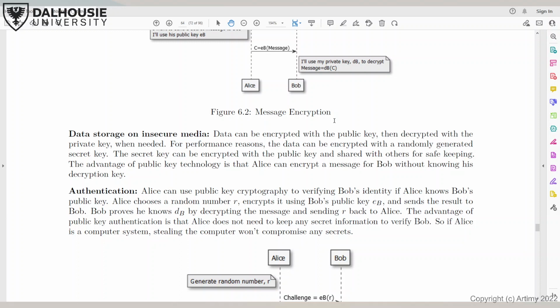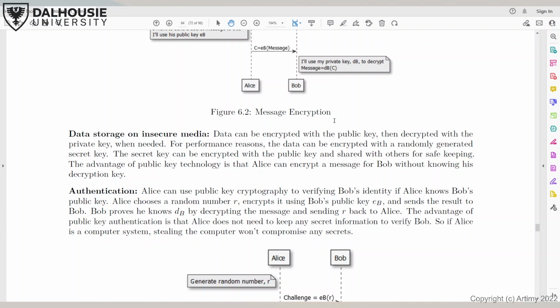Or you can use secret key cryptography to store the file, but the key itself, you encrypt it. So you encrypt the key with a public key and maybe give the file to a lawyer and say, well, save that for you.